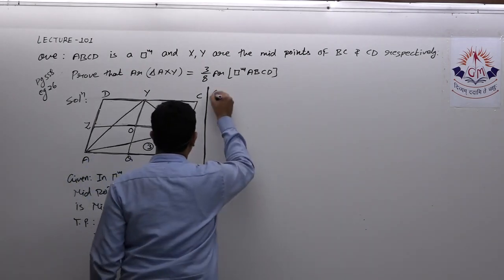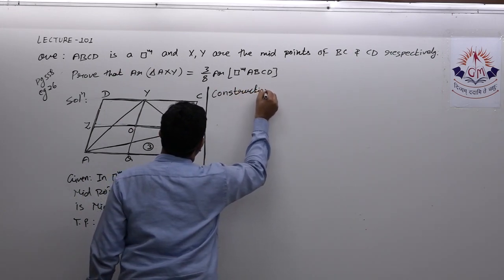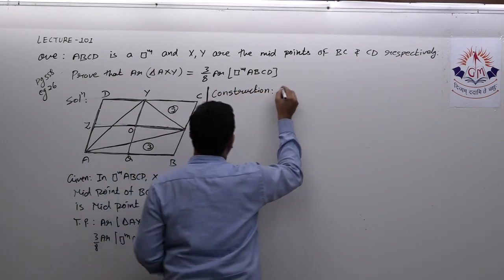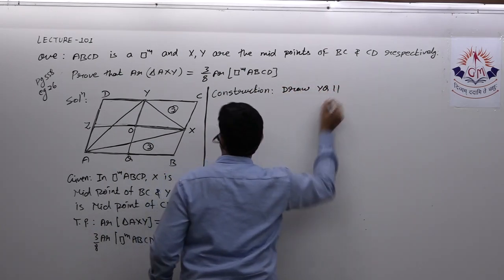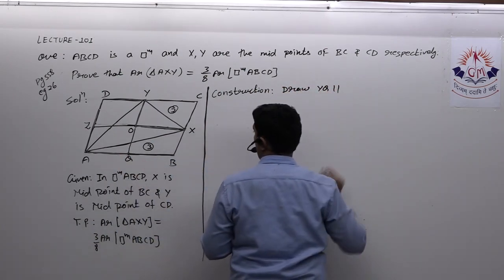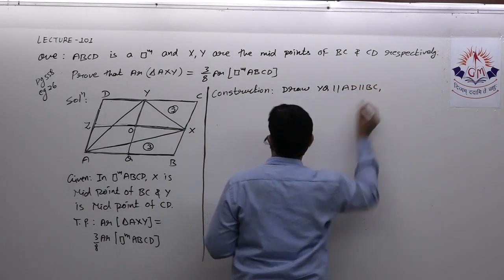Okay, so first of all, a small construction is required. Draw YQ parallel to AD parallel to BC.